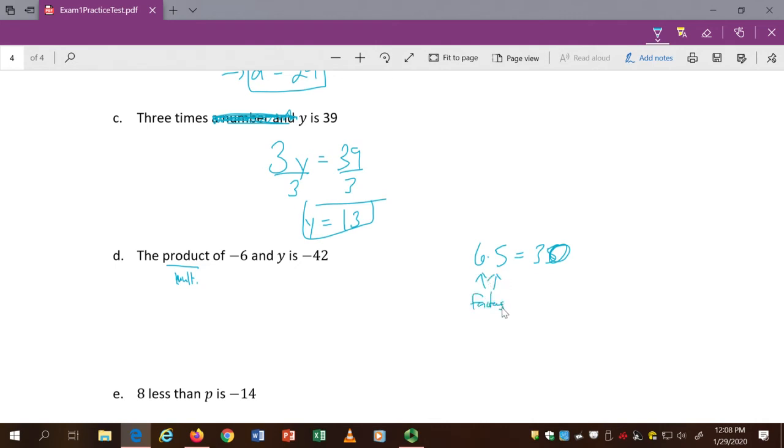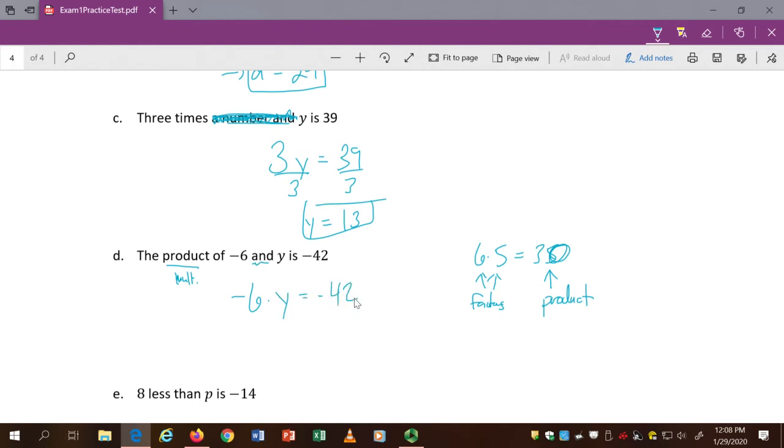Like when we say factor trees, because we're breaking it apart into the factors. The number that comes out is called the product when you multiply. That's why the word product is synonymous with multiply. So the product of -6 and y, remember the "and" tells you where to put the sign, is -42.